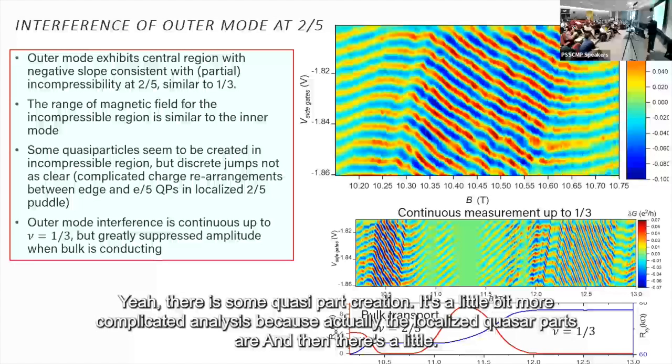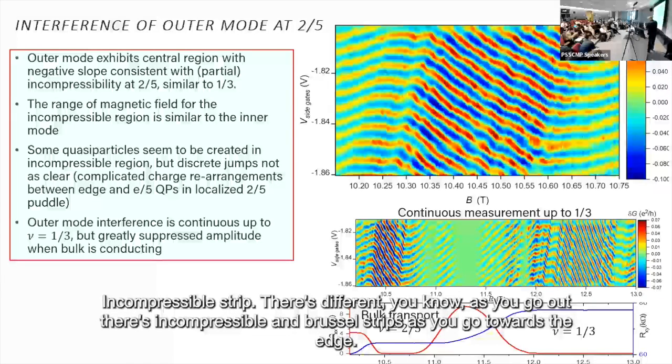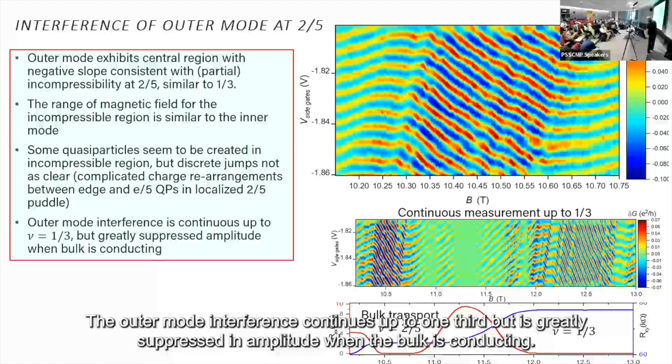It's a little bit more complicated analysis because actually the localized quasi-particles are e/5 quasi-particles in the center. And then there's a little incompressible strip. As you go out, there are compressible strips as you go towards the edge. The outer mode interference continues up to 1/3, but is greatly suppressed in amplitude when the bulk is conducting.